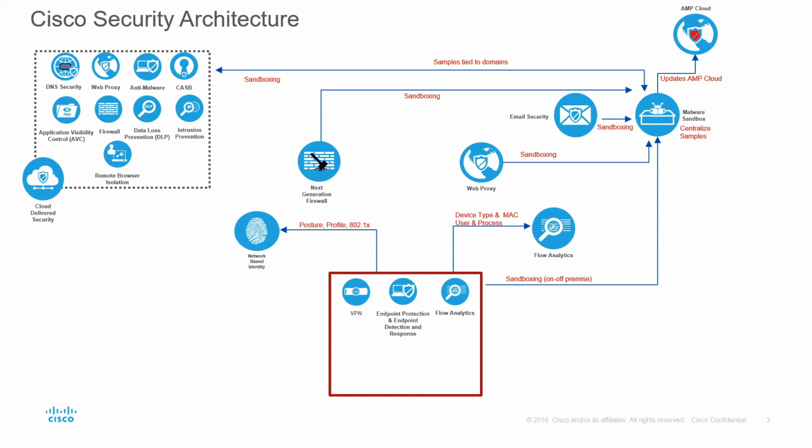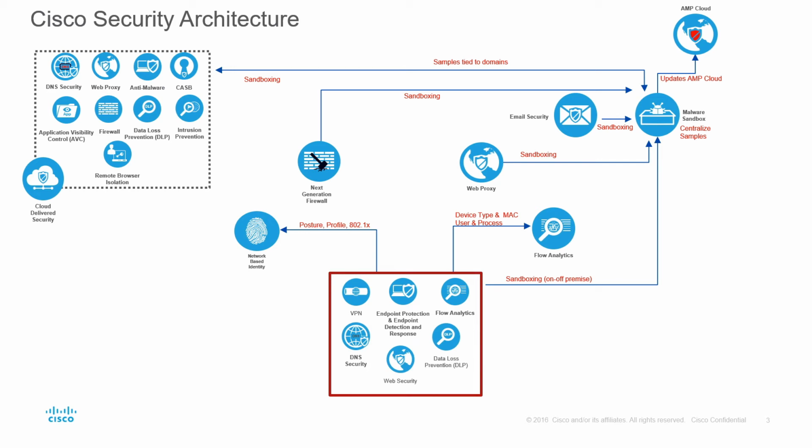So I want it postured, I want it profiled, I want to know it's a Windows 10 corporate asset and not an IoT-based device that's trying to connect to a wired network, as an example. And any deviations from that over time, I may want to take action, meaning I might want to take a network-based approach to controlling whether or not that asset, like a camera that's now scanning the network, should continue to have access to the network.